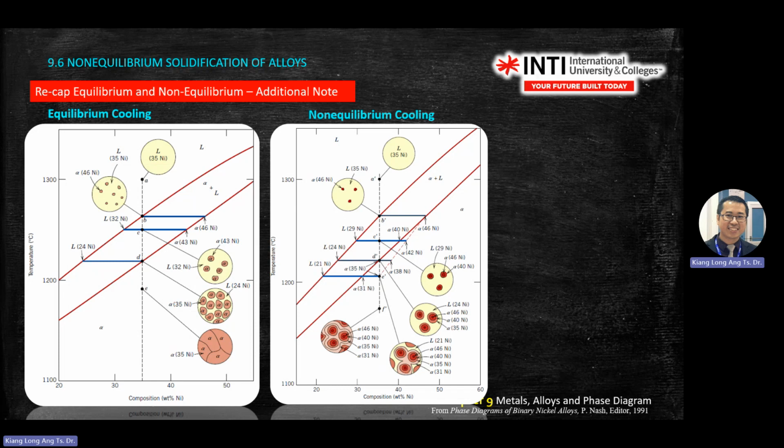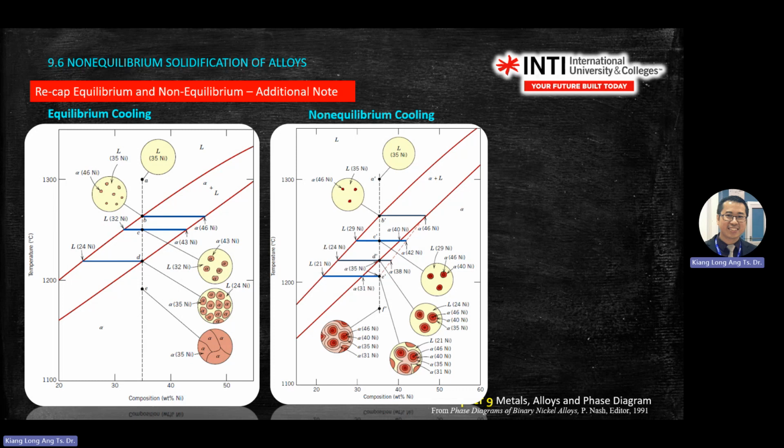For this dot here, although the diagram tells you 42% nickel, at this point if you look under a microscope, you have two layers, alpha 1 and alpha 2, so you have 46 and 40%. Although here is 42%, in the diagram we do not include 42%.